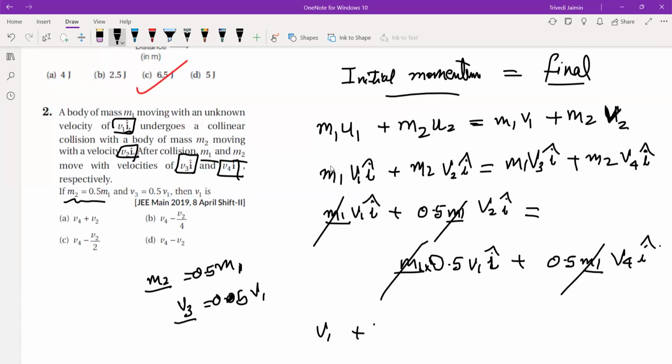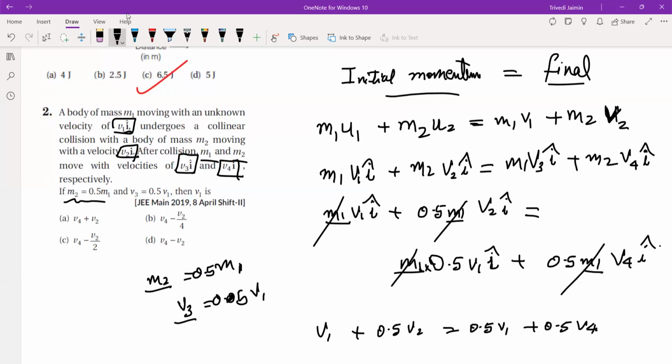So V1 plus 0.5 V2. I forgot here. Okay, you don't forget while writing. 0.5 V2, which is equal to 0.5 V1 plus 0.5 V4.